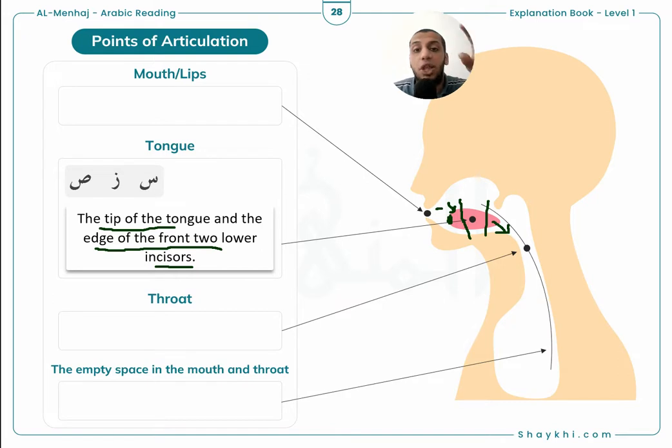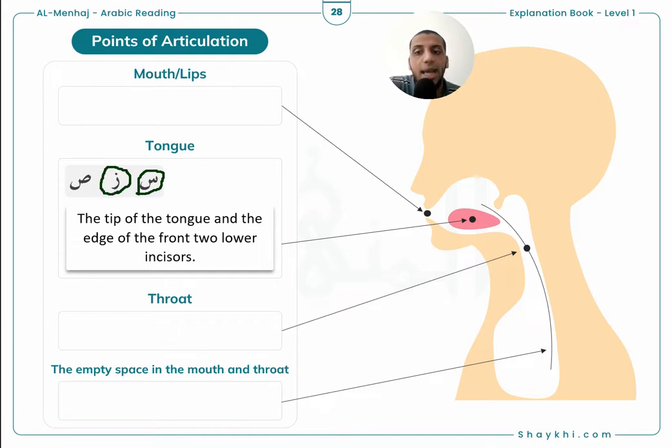So if these three letters have the same point of articulation, the tip of the tongue touches the edge of the front two lower incisors, what is the difference between them? We will say first, the difference between Sin and Zay.